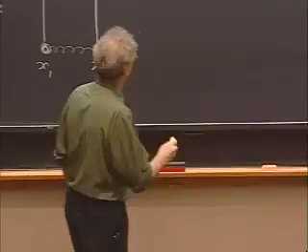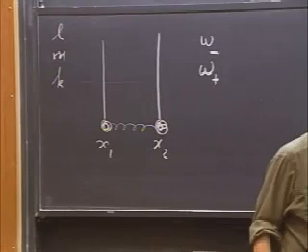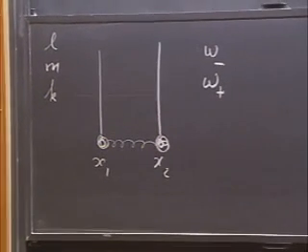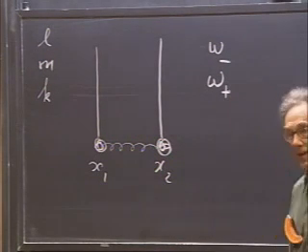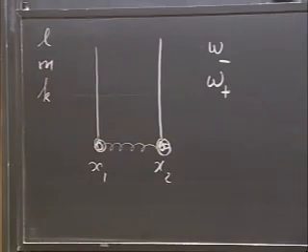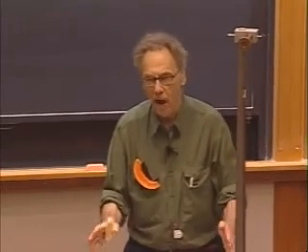If then I have another frequency which is higher, there are 2 normal modes because we have 2 objects. If we have 3 objects, there are 3 normal modes. If we go to the higher normal mode, the higher frequency, they have the same frequency, but they are 180 degrees out of phase.